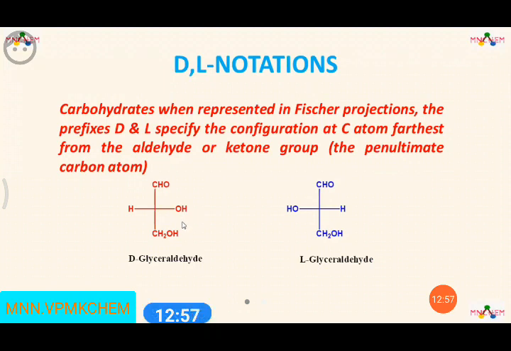Therefore, it is denoted as D-glyceraldehyde, or the prefix used is D. Whereas in this other molecule, the hydroxy group OH is on the left hand side of this chiral carbon. So the prefix used is L and it is named L-glyceraldehyde.